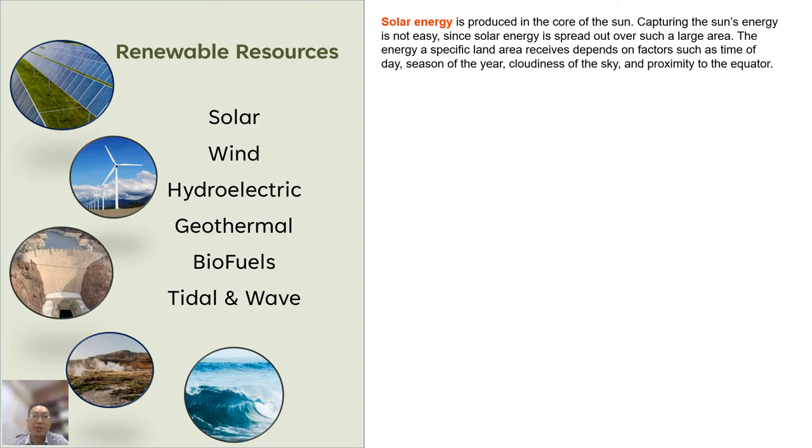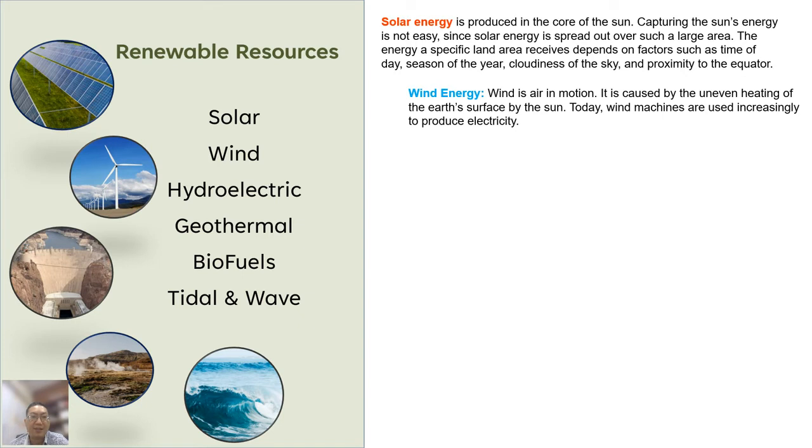Capturing the sun's energy is not easy, but since solar energy is spread out over such a large area, the energy a specific land area receives depends on factors such as time of day, season of the year, cloudiness of the sky, and proximity to the equator.